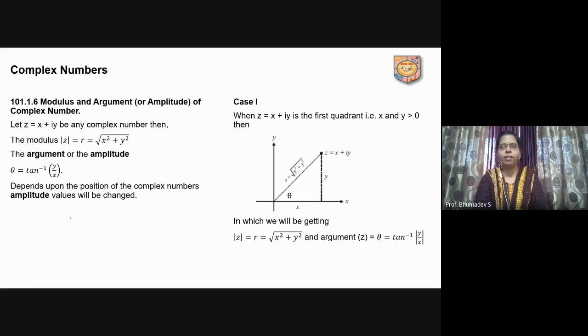The basic thing behind finding the modulus is the Pythagoras theorem, that everybody knows: modulus of z equals r equals the square root of x square plus y square. Then the argument of z can be written as theta equals tan inverse of modulus of y upon x. That means a positive value we are supposed to consider.